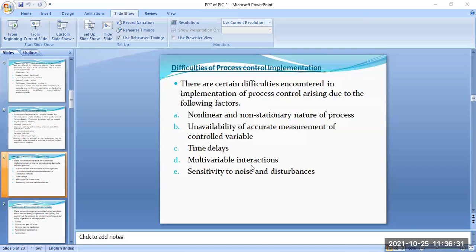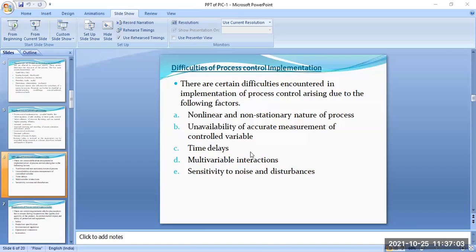Number four, multivariable interactions. In that case, the multivariables are being controlled and manipulated simultaneously. Interactions among the variables are unavoidable, and this makes the control task challenging. So multivariable means this process unit works with different types of multivariable inputs.